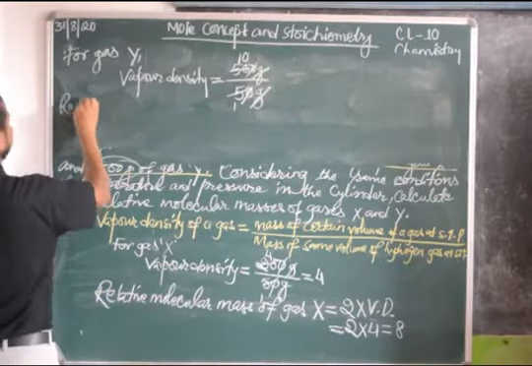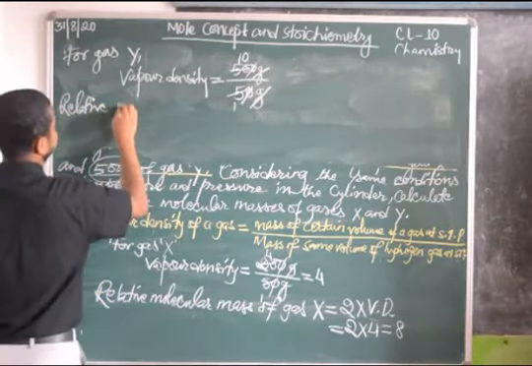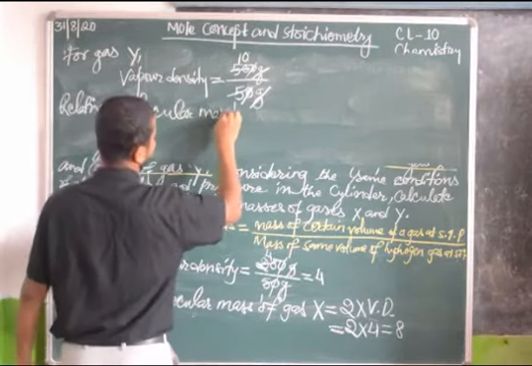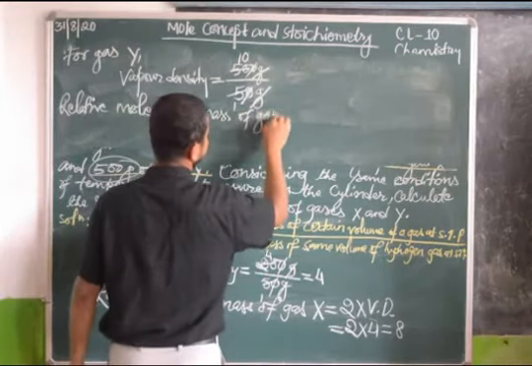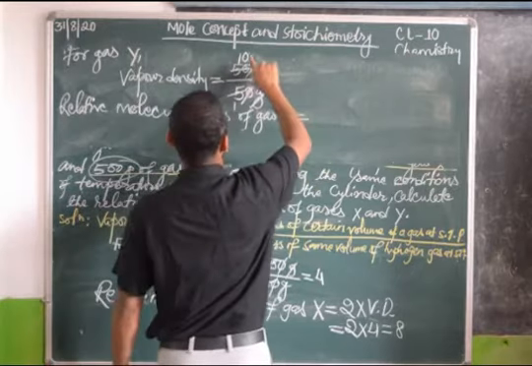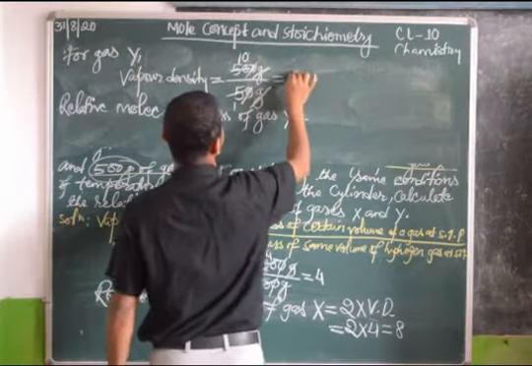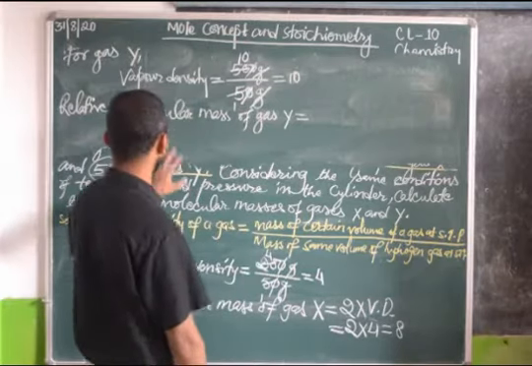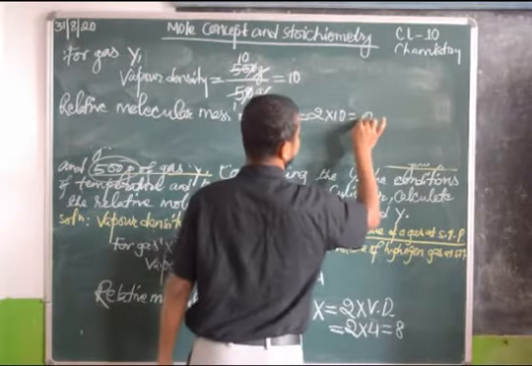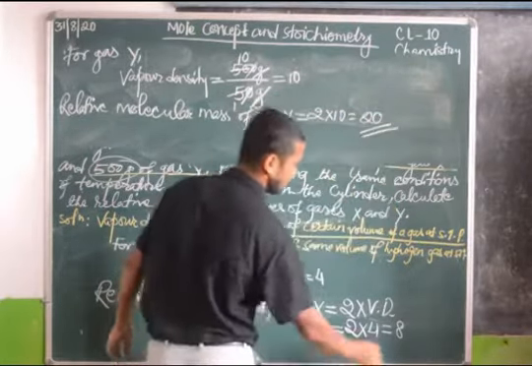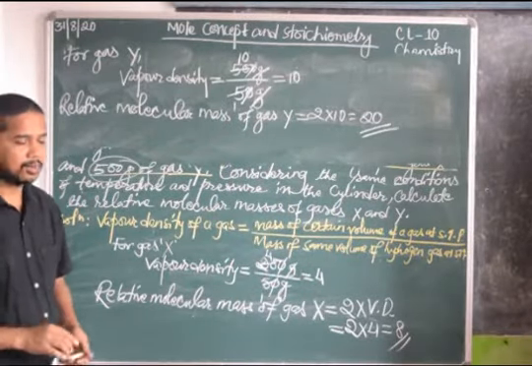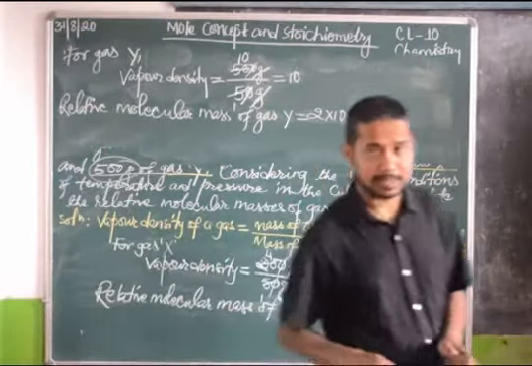So the relative molecular mass of gas Y is equal to, this is 10, the vapor density is 10, so the relative molecular mass of gas Y is equal to 2 into 10, that is 20. So this is the answer. Now we'll be doing the next example.